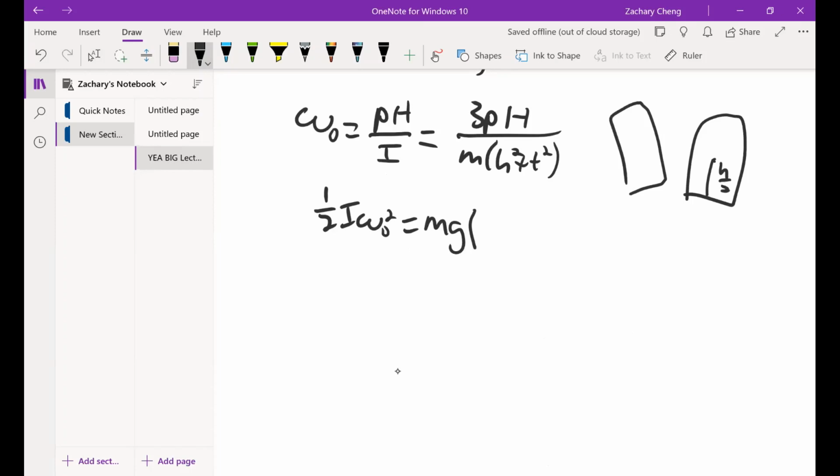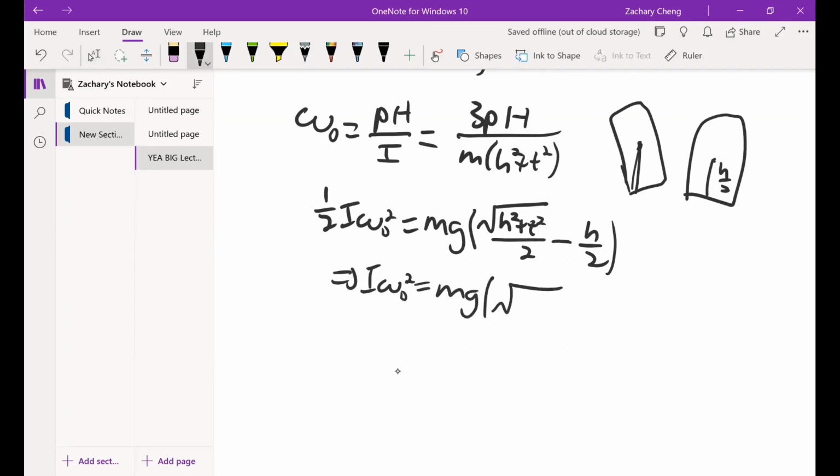And when it rotates, now this height is root of h squared plus t squared over 2, minus h over 2. Okay, so this means that I omega 0 squared is equal to mg times square root of h squared plus t squared minus h.